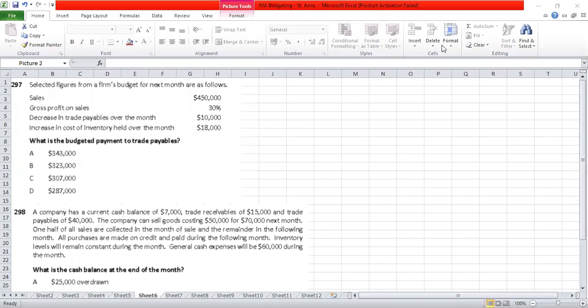So what are we having? We have the sales figure, we have the gross profit percentage. Gross profit on sales is 30%, so cost of goods sold will be 70%. Fine, that is the case. Cost of goods sold is 70%. And other details are: decrease in trade payables over the month is given to us as 10,000.